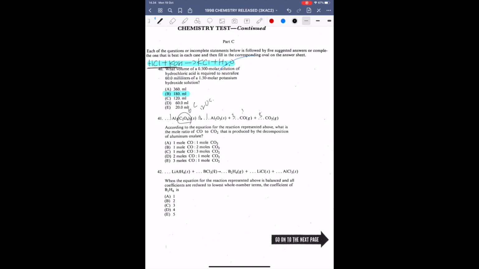Here we have 3 O's, here we have 6 O's, and here we have 3 O's. So 3 plus 3 is 6, and 6 plus 6 is 12. So we know that it satisfies the 12 O's on the reactant side, right? So we know that the answer should be 1 mole of CO to 1 mole of CO2.